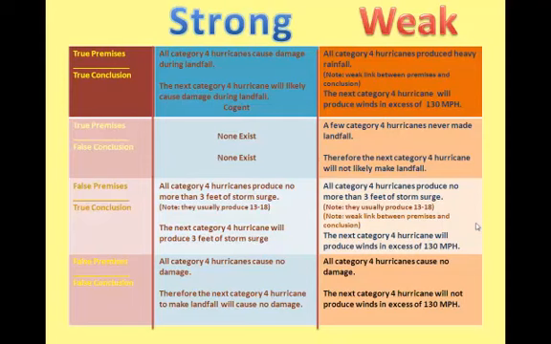The last two rows, where we have false premises and a true conclusion, and false premises and a false conclusion, give examples of both strong and weak arguments, and this shows that you cannot determine strength and weakness of an inductive argument based on the truth value of the statements. You must look at the inference between the premises and the conclusion and determine if it is strong or not.